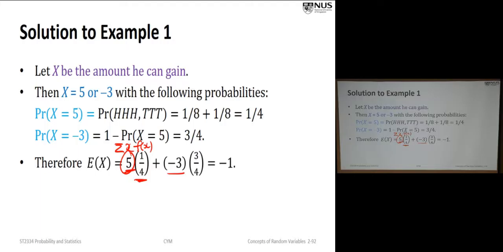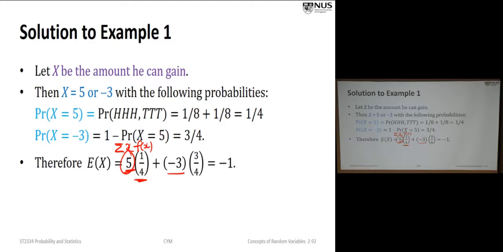And I have a smaller chance to win, but what I gain is only $5. So it's not good for me. To make it fair means that my expectation of payout should be 0. I don't gain from you, I don't lose from you in the long run. So that is a fair game.